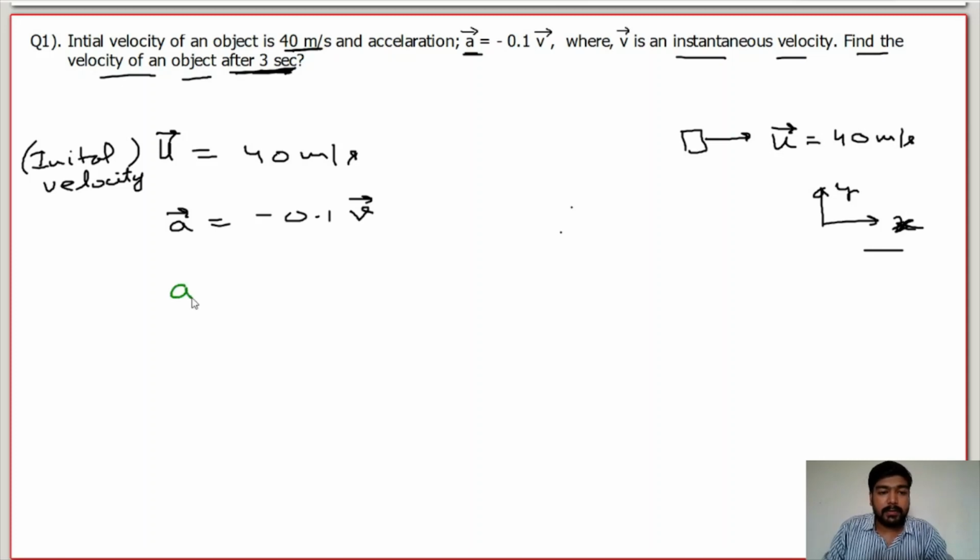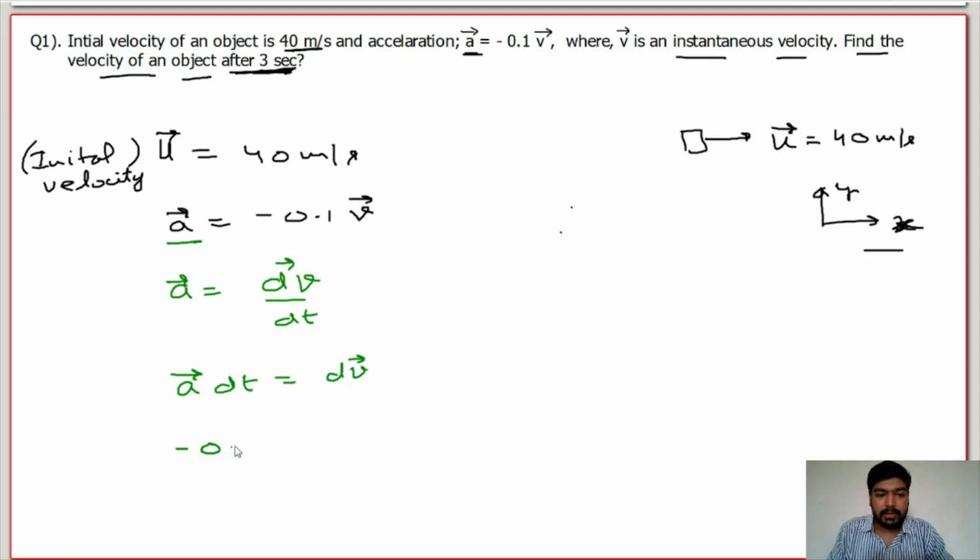So let's take dt this side and dv this side. Let's put the value of acceleration a from here.